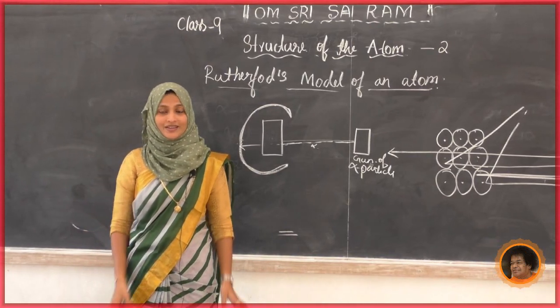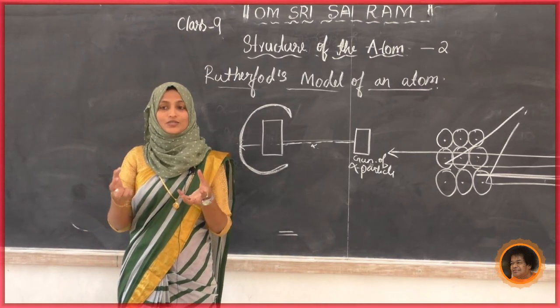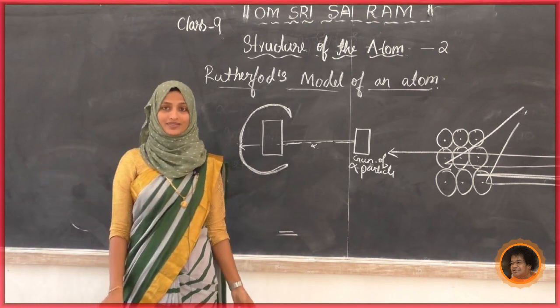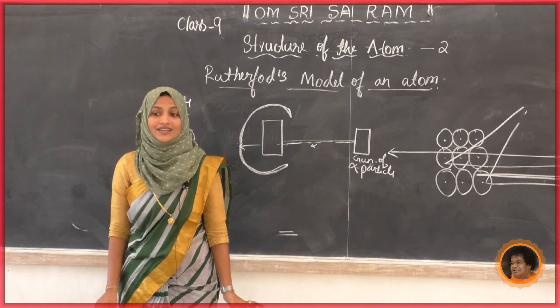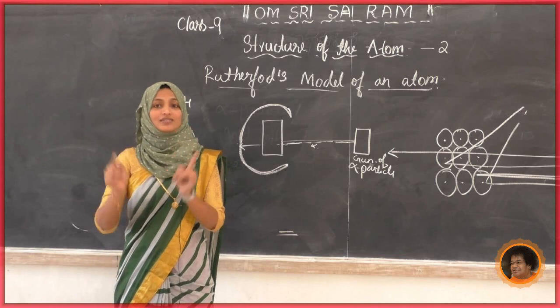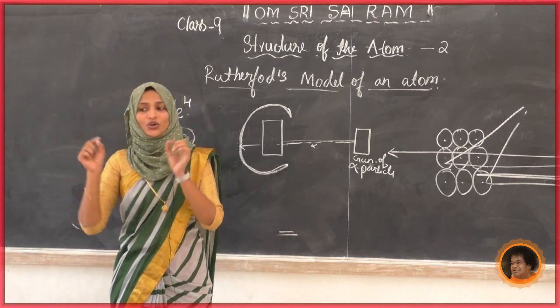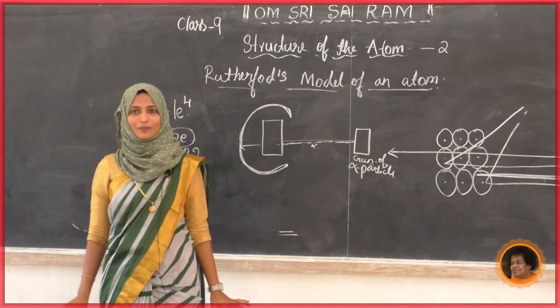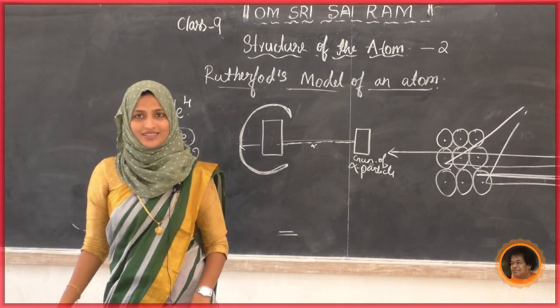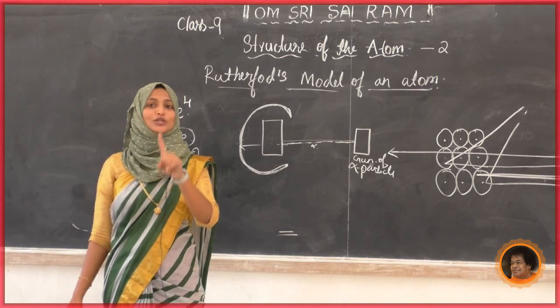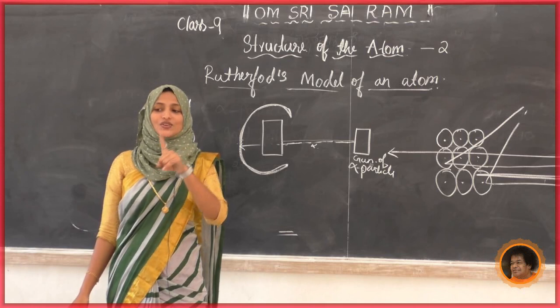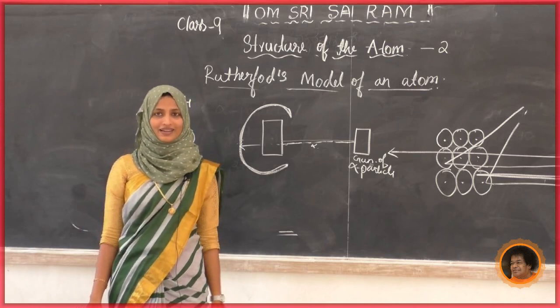What he is saying: few particles were deflected from their path. It indicates that the positive charge of the atom occupies very small space. So because of that positive charge, it is deflected in a small angle.